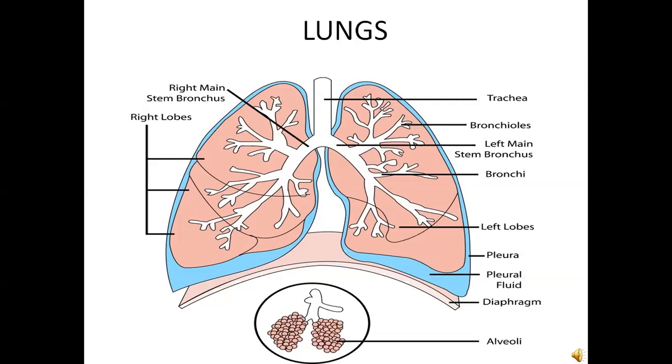The trachea divides into right and left bronchi which enter into the lungs. They divide further and end in small air sacs called alveoli. The lungs are covered by a double layer pleura.